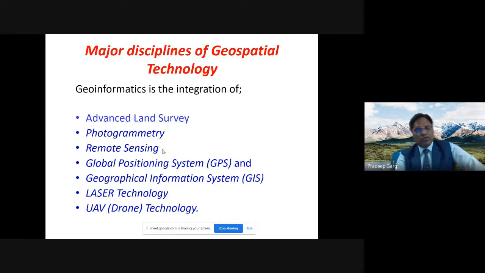You must have seen Google Earth images. Those are very high resolution satellite images from the commercial satellites. So those kind of images today are very, very useful, because you can locate various facilities. You can find out which are the suitable areas for your project.